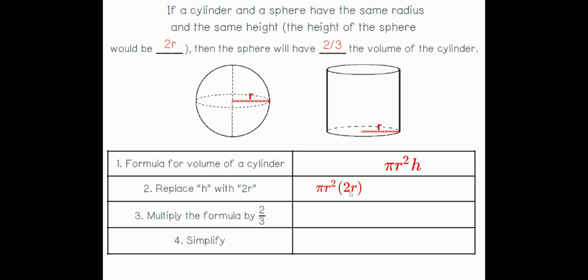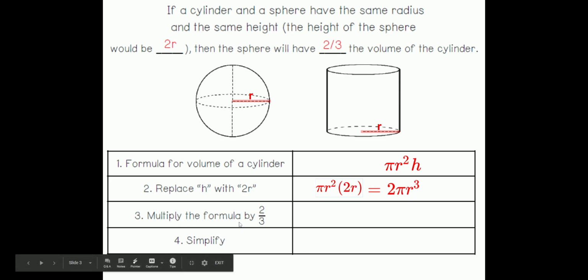So in place of h, we're writing 2 times radius. Let's simplify that. 2 kind of stands on its own. Pi is going to stay as it is. R to the second times r is r to the third, because you have 2 r's right here, and you have a third r, so that's like r times r times r. So that's r to the third.